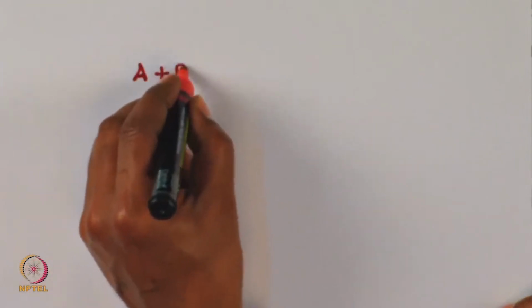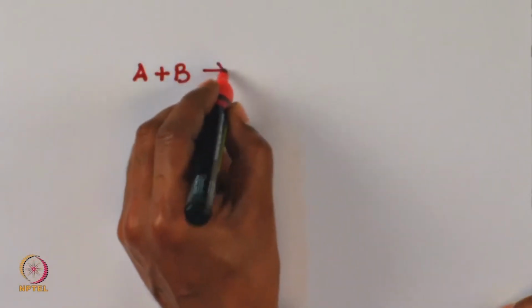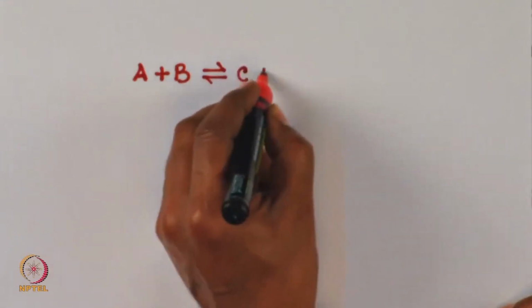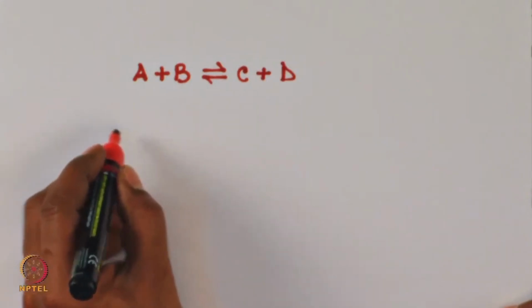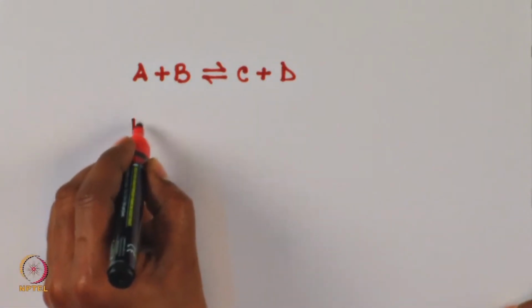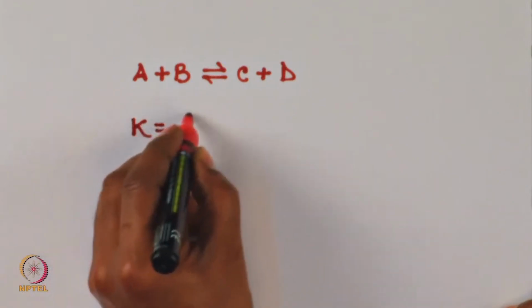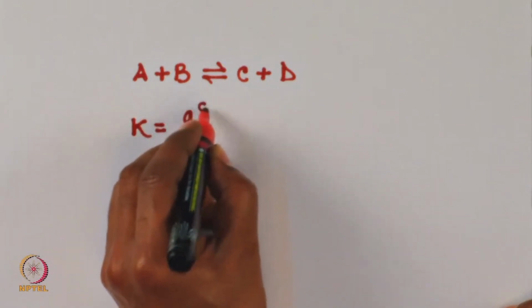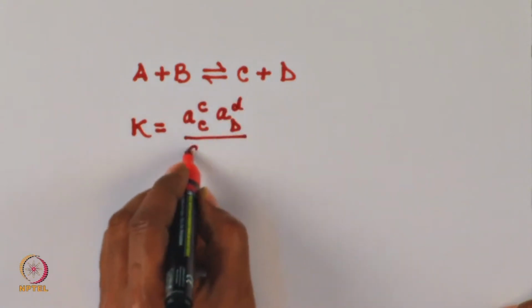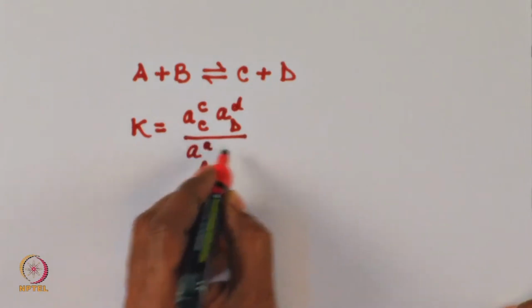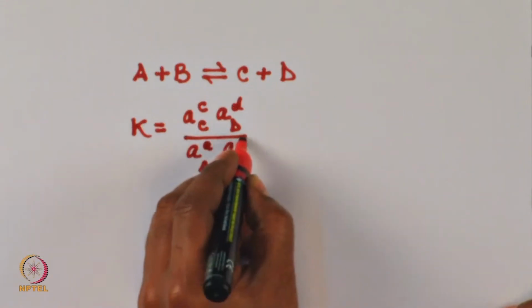That means, if I consider A plus B in equilibrium with C plus D, then thermodynamic equilibrium constant K I will write as activity of C raised to the power c into activity of D raised to the power d over activity of A raised to the power a, activity of B raised to the power b.